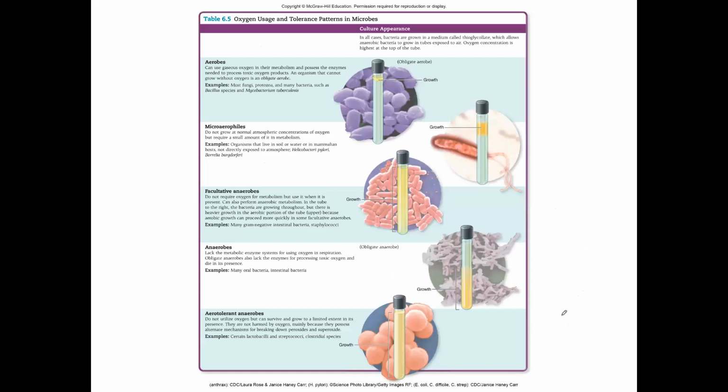Here are some examples of different organisms, right? Aerobes can use oxygen in their metabolism and have enzymes to take the oxygen and convert it into something that's not harmful when it's done. An organism that can't grow without oxygen is called an obligate aerobe. Obligate means you must have oxygen to live. We are obligate aerobes.